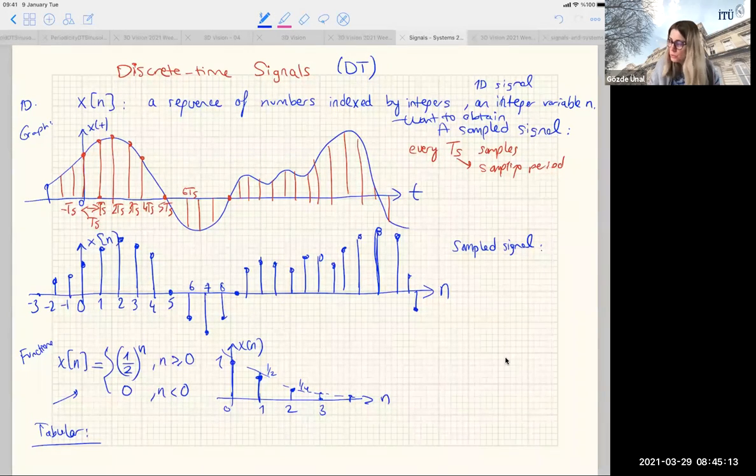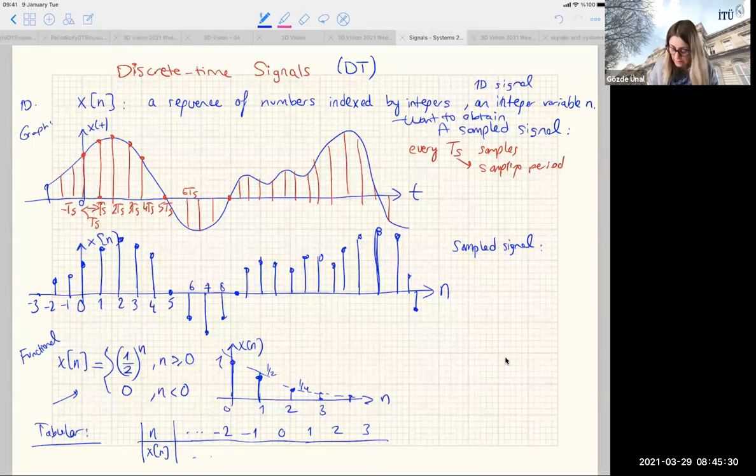And I can just tabulate and say n and x of n. Let's do it like this. Maybe wherever it starts from, -2, -1, 0, 1, 2, 3. This was 0 for n less than 0, so it was 0 on the left-hand side, and it starts as 1, 1/2, 1/4, 1/8, right? So that would be it.